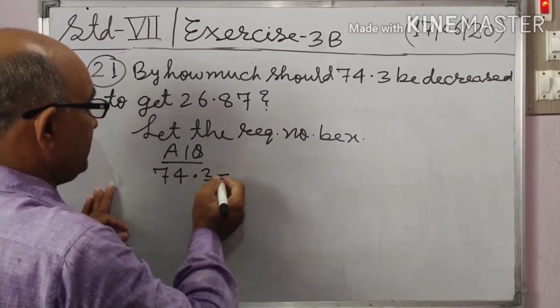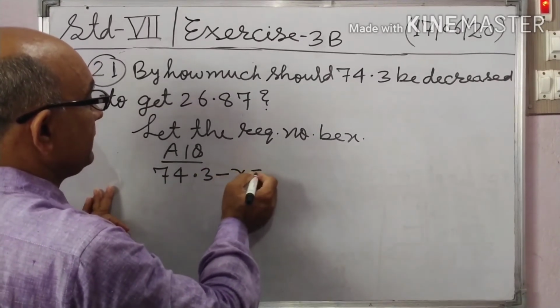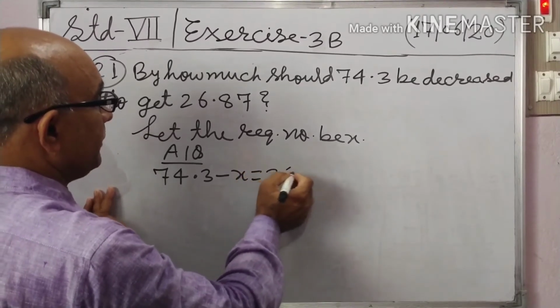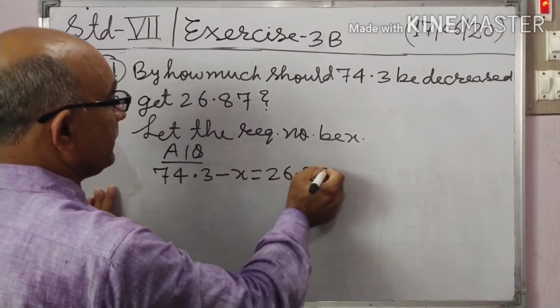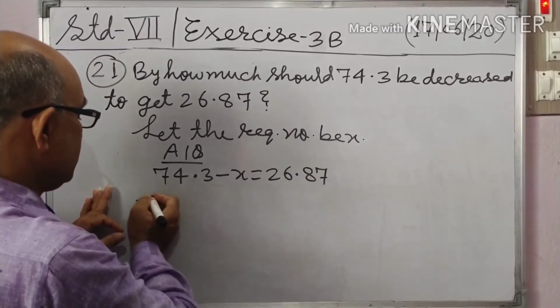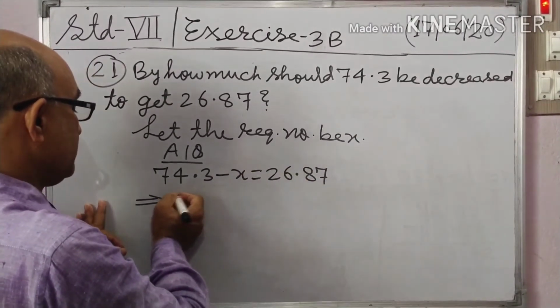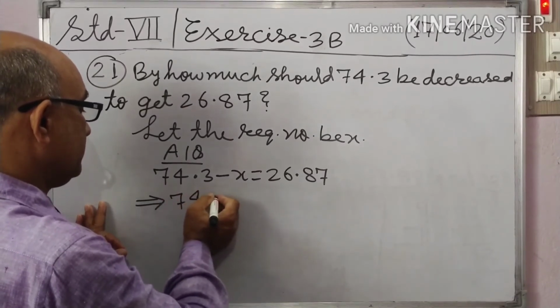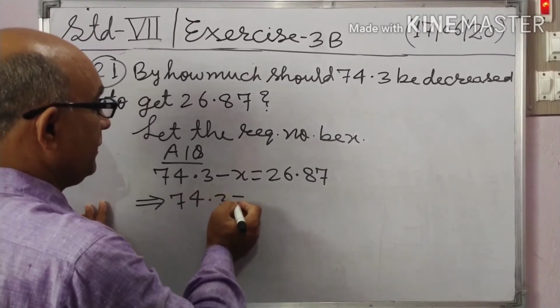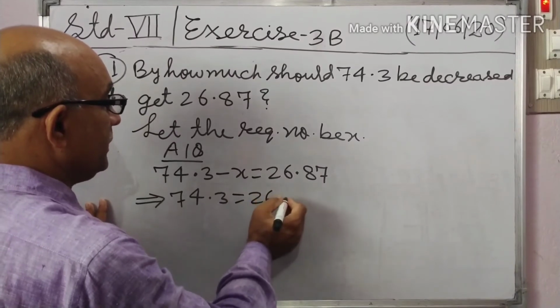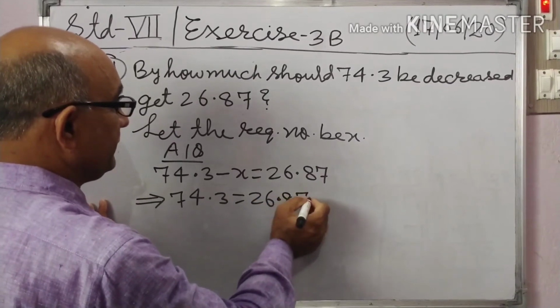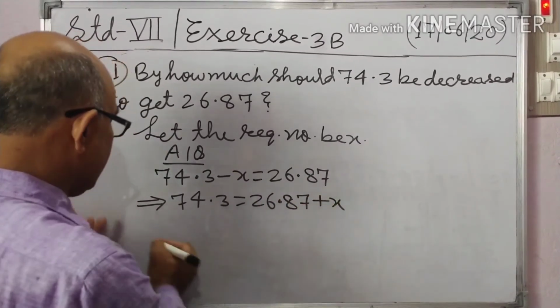So 74.3 decreased by x equal to 26.87. Students, minus x by transposition changes into plus x. So 74.3 equal to 26.87 plus x.